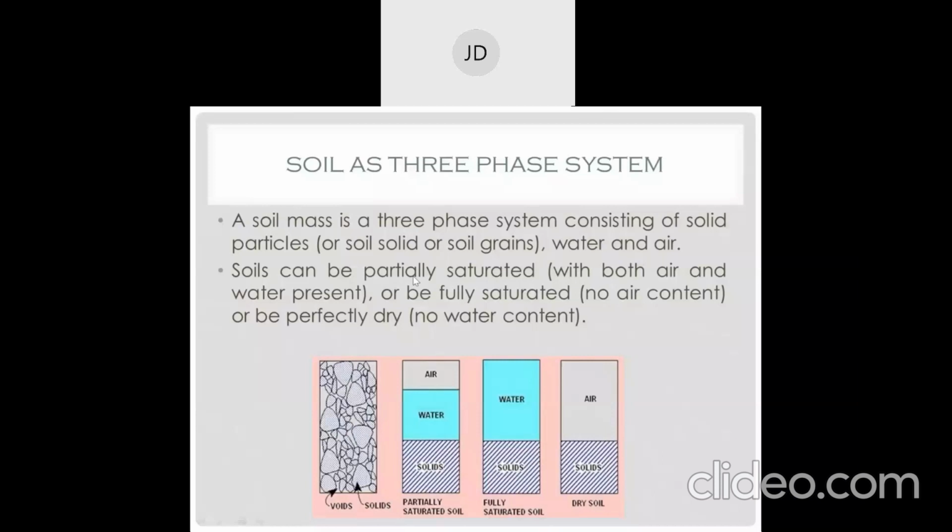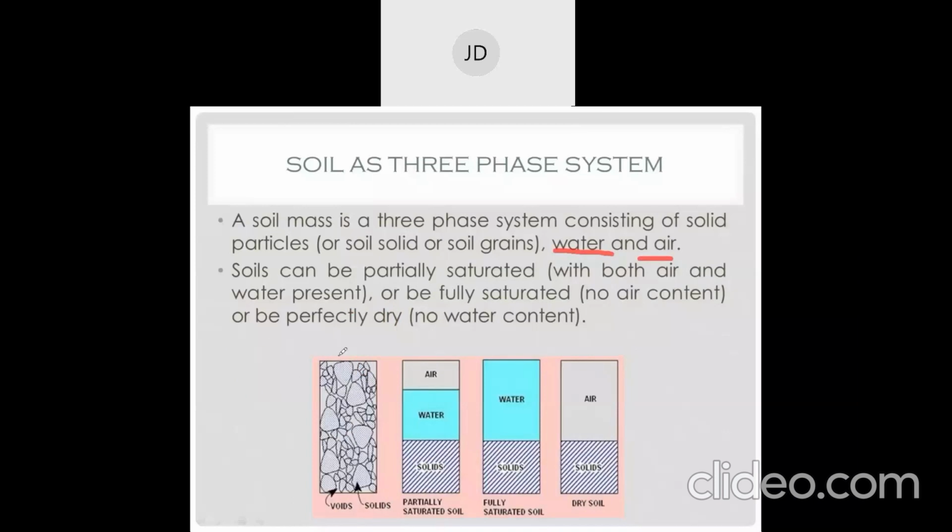Void, V-O-I-D. These voids may be filled up with water or air or both.